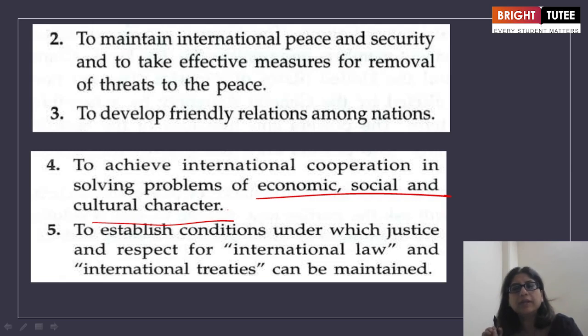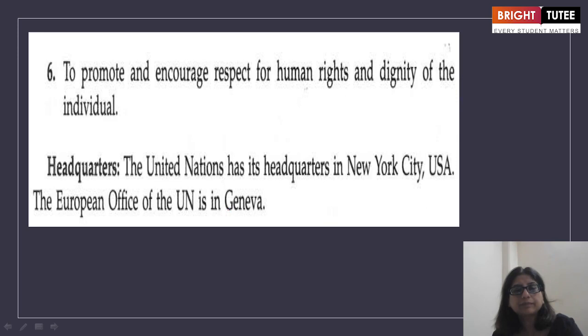It happens in the General Assembly, where all the problems are discussed, the common things are taken out, and then they try to solve the problems on the economic, social, and cultural aspects, and to establish conditions under which justice and respect for international law and international treaties can be maintained.